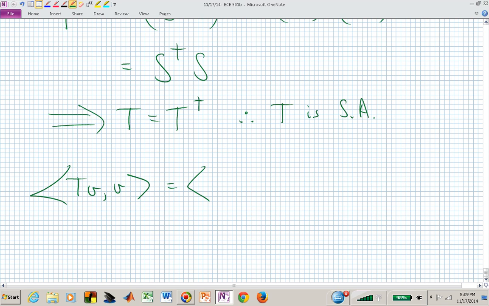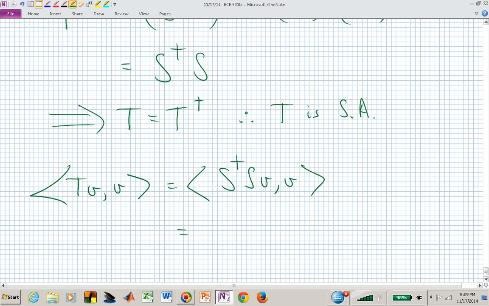We know from statement E that T is factored into S dagger S, V, V. Now let's move the first piece of that S dagger S to the second slot.